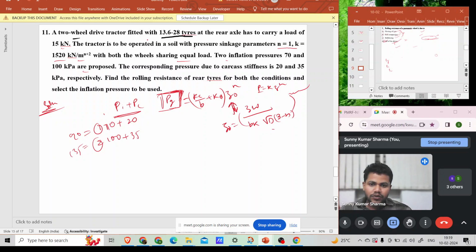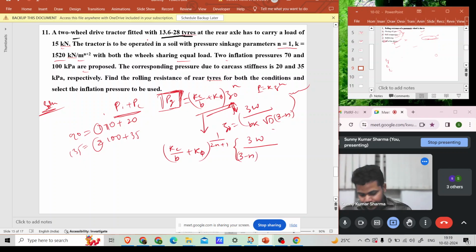If you put this Z0 in this whole equation, you will get the formula for PG, formula meaning expression. That will come as (Kc by b plus Kphi) to the power 1 by (2n plus 1). 3W will remain as it is. 3 minus n is also unchanged. b root D to the power 2n by (2n plus 1).